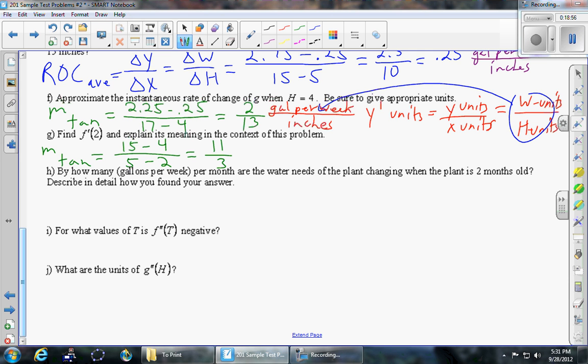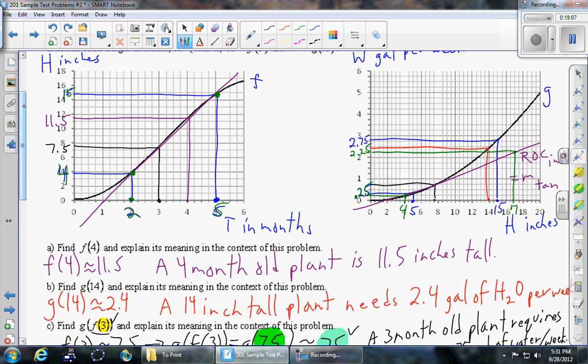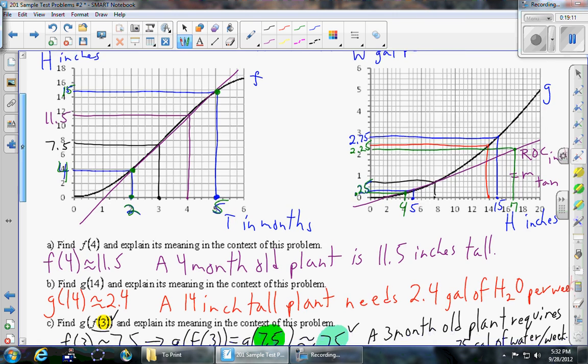And in order to explain the meaning in the context of the problem, I always like to think of units first. So again, it's the dependent variable units over the independent variable units. In this case, we didn't have y and x, we had h and t. So h units over t units, inches per month.